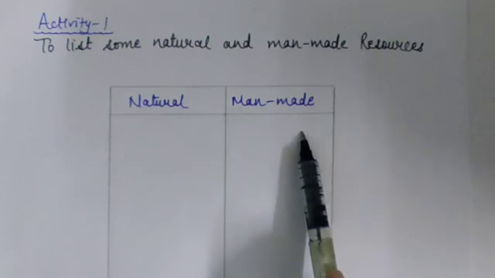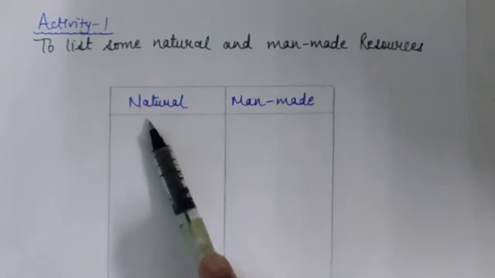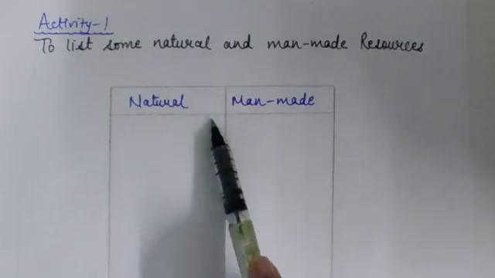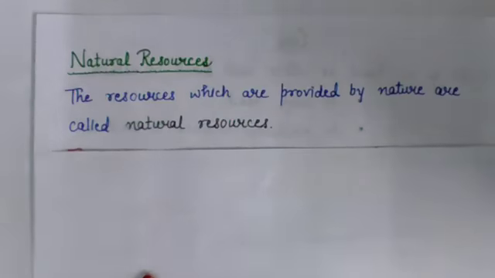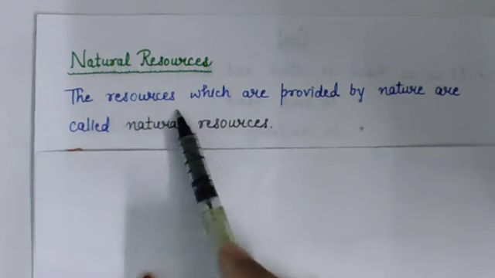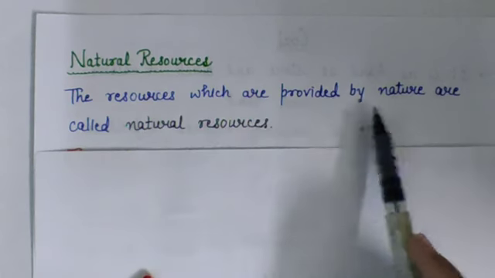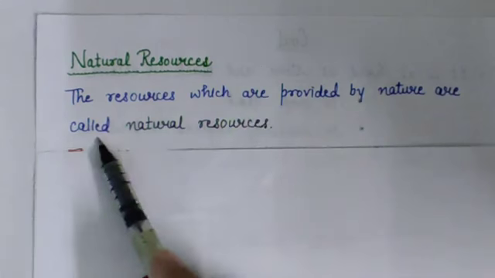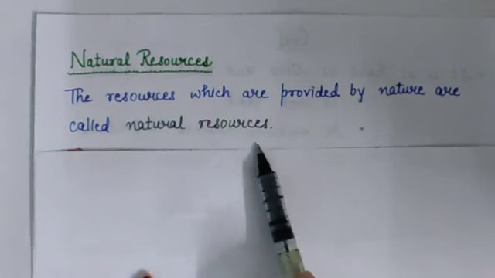So, a question arises: what are natural resources? The resources which are provided by nature are called natural resources. Means the materials or the resources which are obtained from nature are called natural resources.